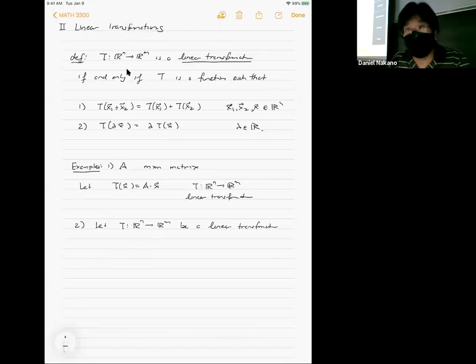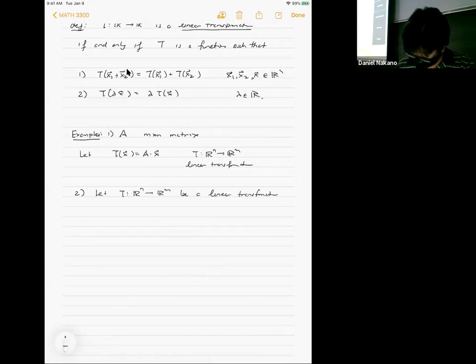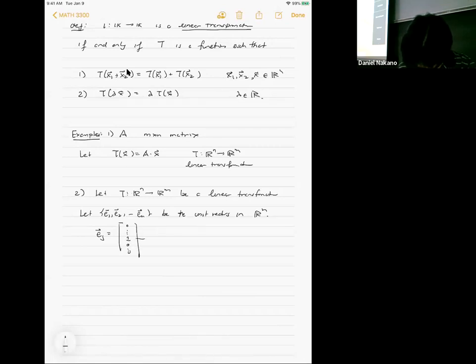Then I want to find a matrix which represents T. So now let e1, e2, up to en be the unit vectors, where ej is equal to 0 everywhere and there's a 1 in the j position. Okay.